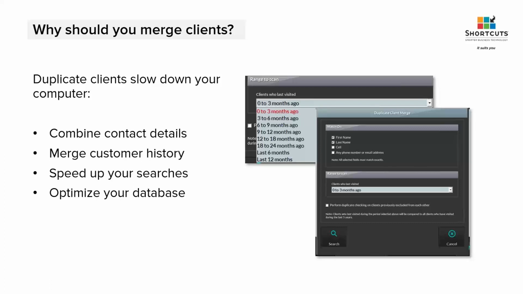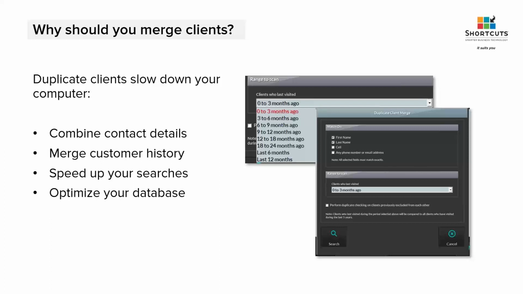So, what we want to do is be able to not just combine customers, but comb through the data and make sure you don't accidentally merge the wrong clients, such as if you actually have two people named John Smith, you don't accidentally want to just tell Shortcuts there's only one person. So, you want to be able to sort through that. You want to be able to save histories.